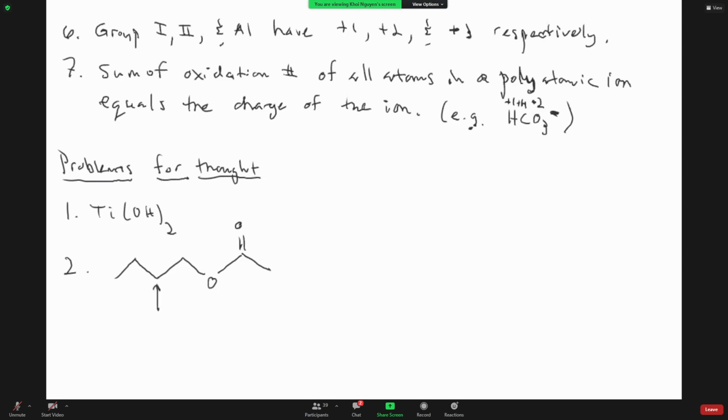Find me the oxidation number for those carbons. Third one, sodium borohydride.